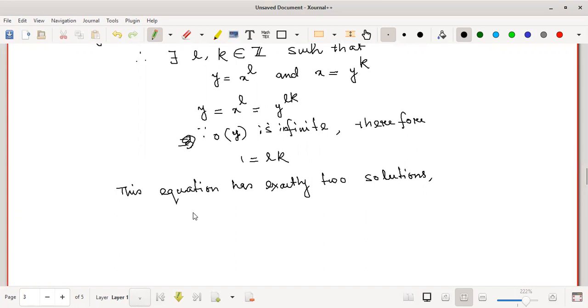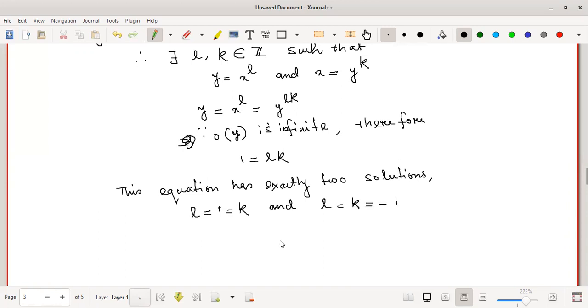What are the solutions? L equal to K equal to 1, and L equal to K equal to -1.